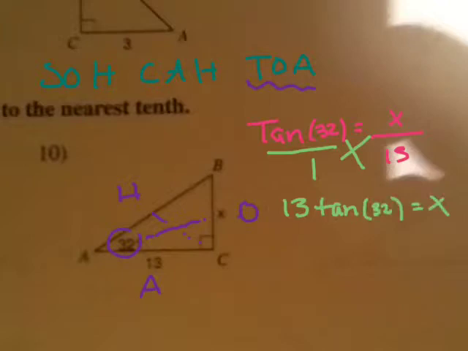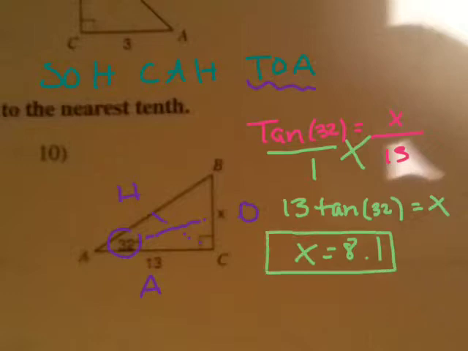And this is really nice. All you have to do is plug this into your calculator. So you do 13 tangent of 32, hit enter. X is equal to 8.1 if you round that to the nearest tenth, the length of the missing side.